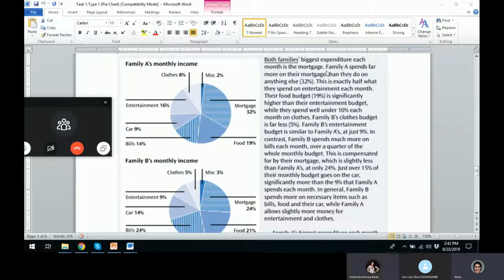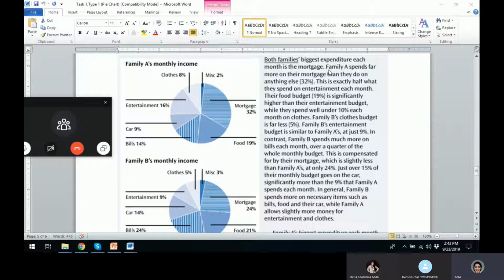Is there anything wrong with that sentence? It's biggest for family A, but for family B it's mortgage and bills. So that's the first mistake.